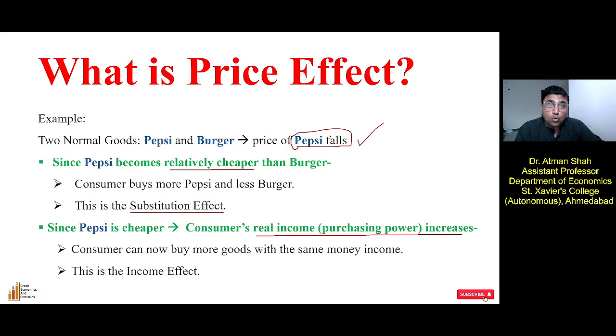Consumer buys more of Pepsi because it becomes relatively cheaper than burger. So consumer substitutes Pepsi for burger, and we have income effect because Pepsi's price has reduced and therefore consumers' real income has increased, and from this increased real income, consumer can now buy more units of Pepsi and burger both.